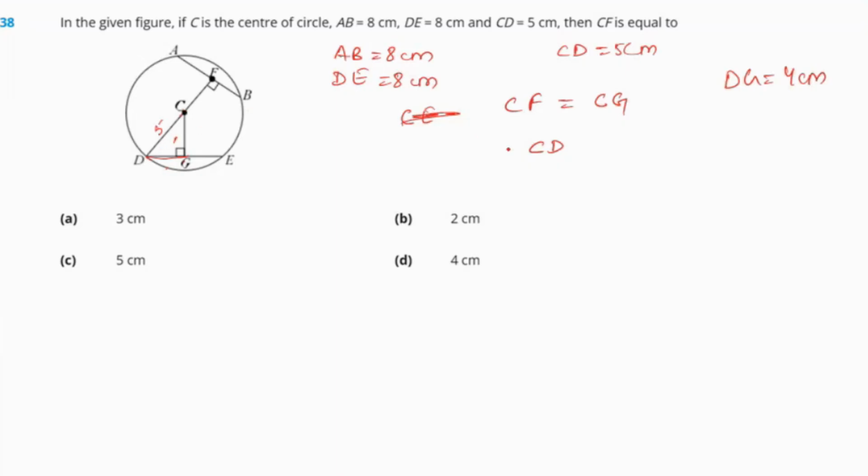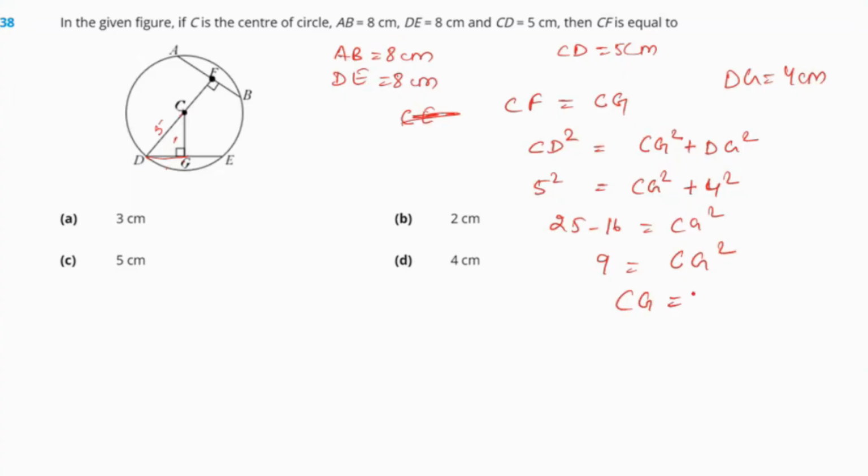Through the Pythagoras theorem, CD square equals CG square plus DG square. So 5 square is equal to CG square plus 4 square. 25 minus 16 gives us CG square, which is 9. So the value of CG is 3 centimeters. If CG is 3, then CF should also be 3 because they are equal.